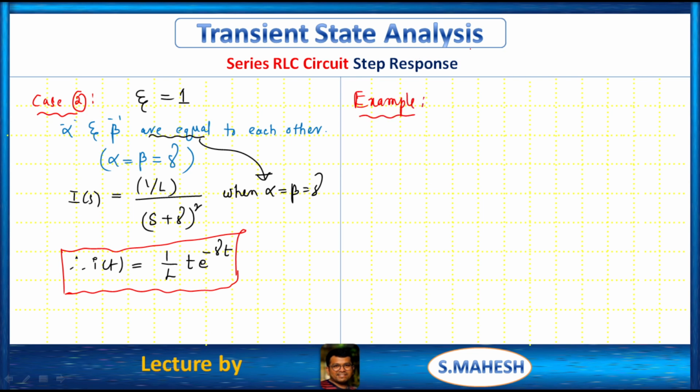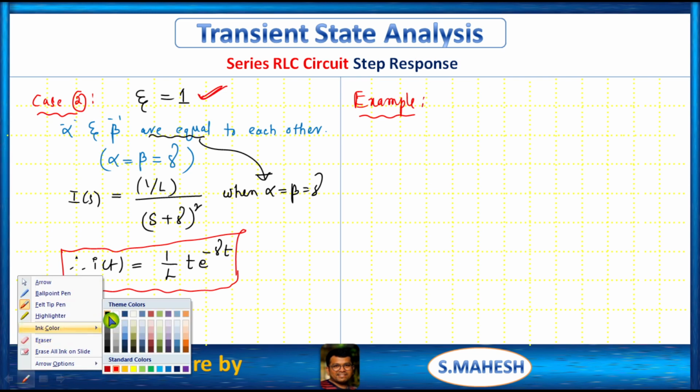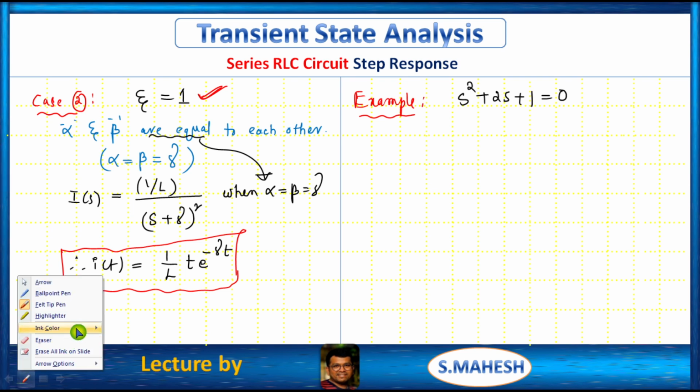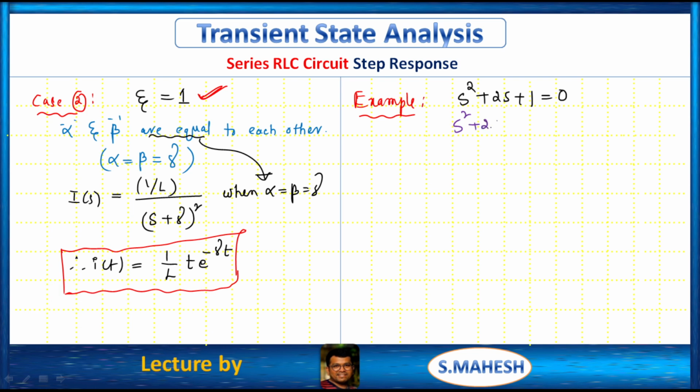To get zeta equals 1, let us consider s square plus 2s plus 1 equals 0. We just have to compare this equation with s square plus 2 zeta omega n s plus omega n square equals 0.